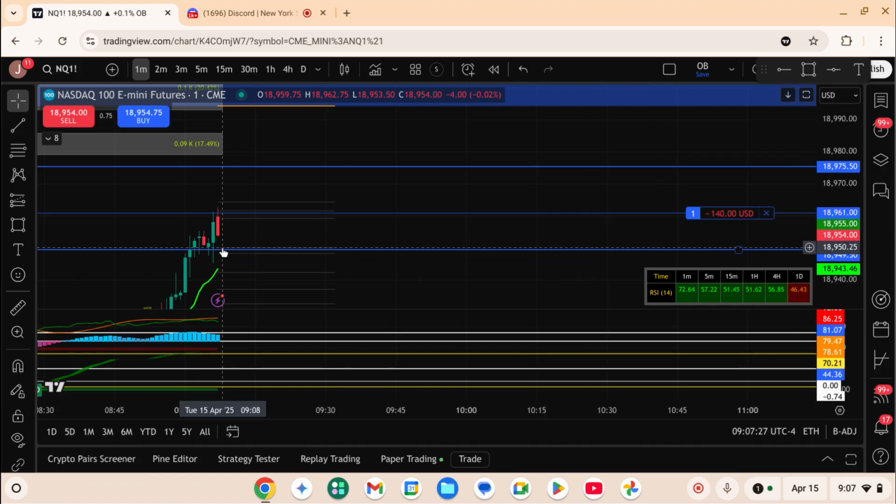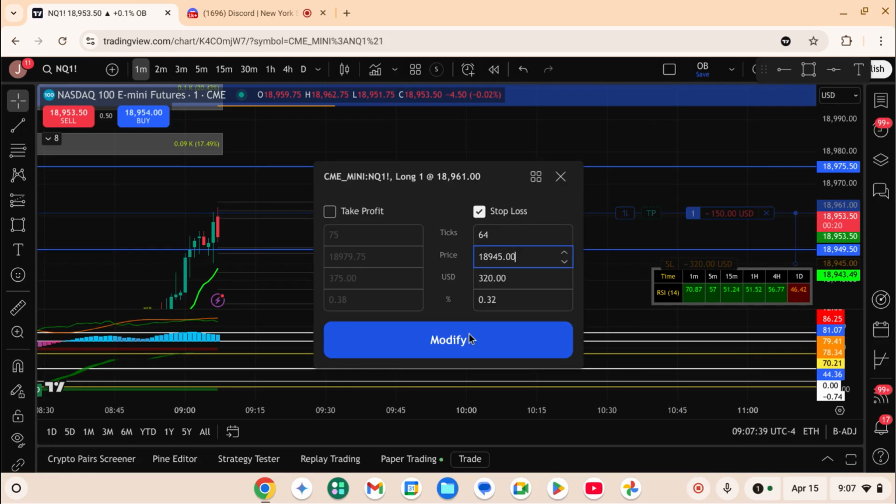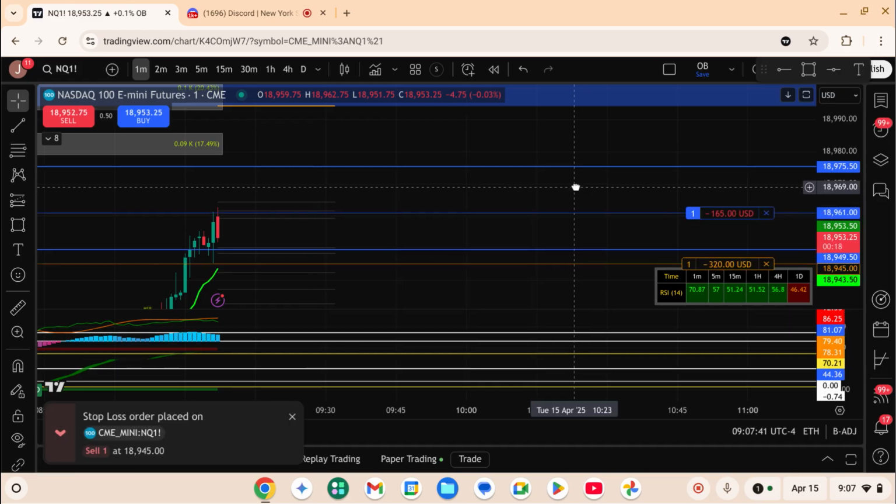If it comes back down here and breaks through there, it's not valid. So we'll put our stop here. Risk 300.